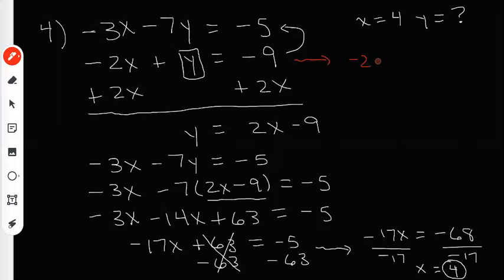So let's rewrite that, keeping everything the same. I know that x is the same thing as 4 from down here. So I'm going to replace this x with a 4. So I'm substituting in 4 for x, keeping everything else the same. Negative 2 times 4 will give me negative 8.